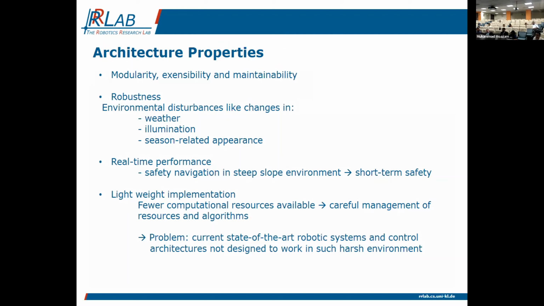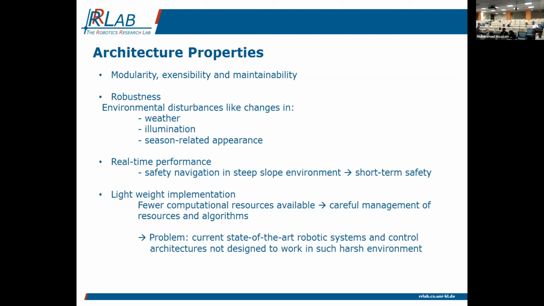Obviously, the robot itself has to be robust against weather, illumination, and season-related appearances like falling leaves and all these different things which appear in agriculture. And we have to be able to perform in real time, because we have to adapt to different problems which can appear.